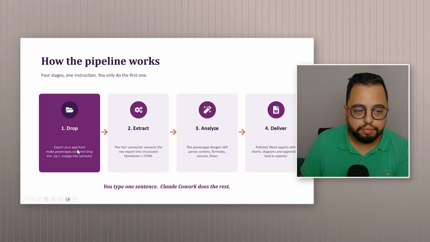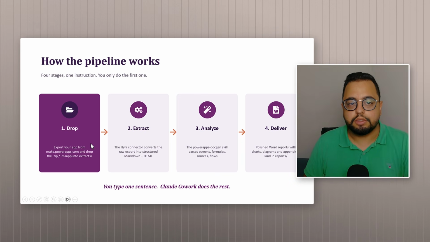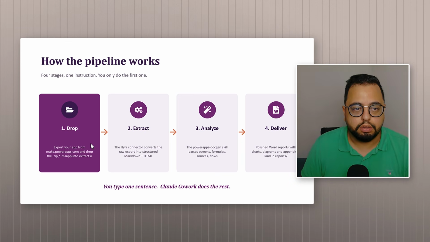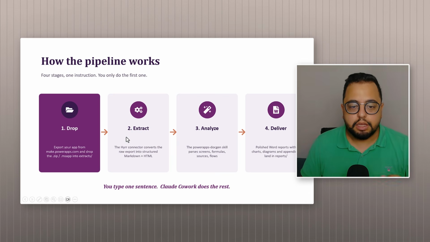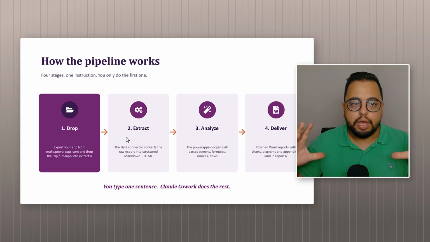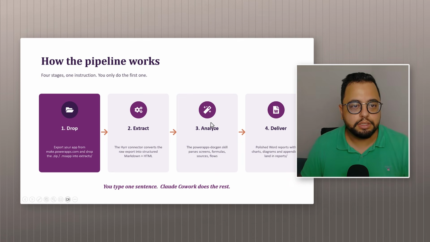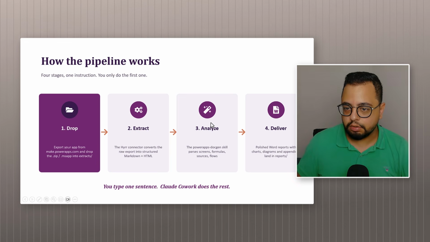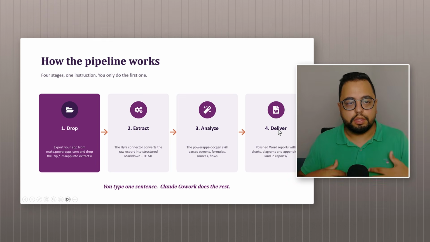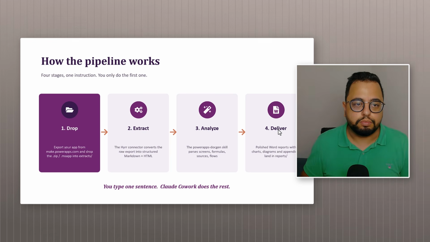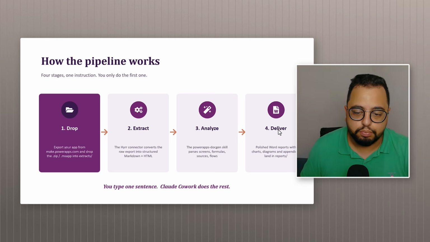So the idea here is that you will just have a clear pipeline, a clear workflow. You will drop the Power Apps that you create into Claude Cowork, and we will see a connector that will convert all this raw export to a clear format for Claude Cowork, and Claude Cowork will analyze it using the skills that I'm going to share with you and deliver a polished Word report with charts, diagrams, and all the information that needs to be in the report that you choose.